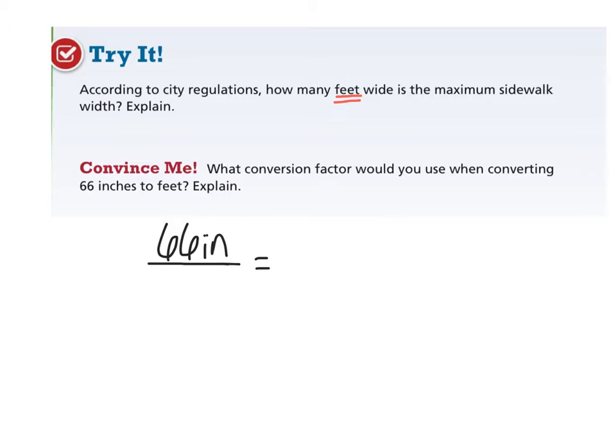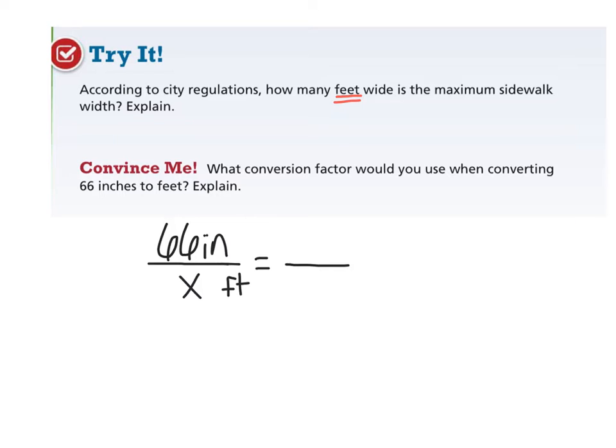Okay, so we're trying to find how many feet that is. If you want to put a variable there, whatever letter you want to use, if you want to do F for feet, that would make sense probably. And if we're doing a ratio, which is one of the three options we talked about, what we would do is put a fraction here, and we want our same units to be across from each other.